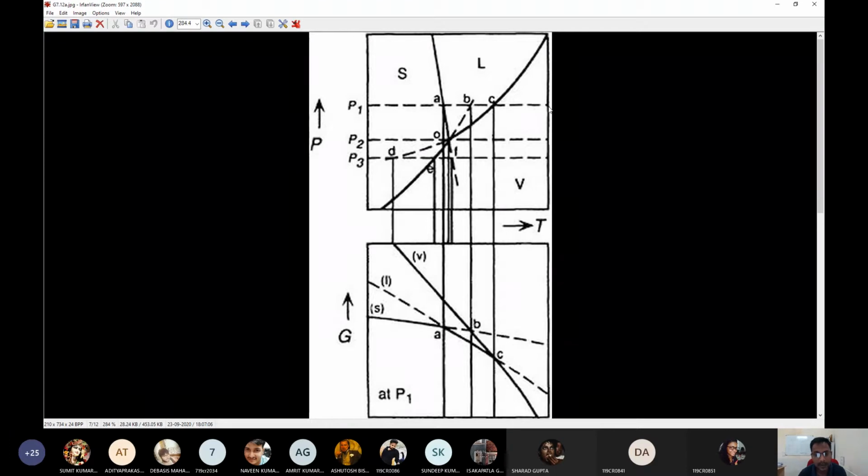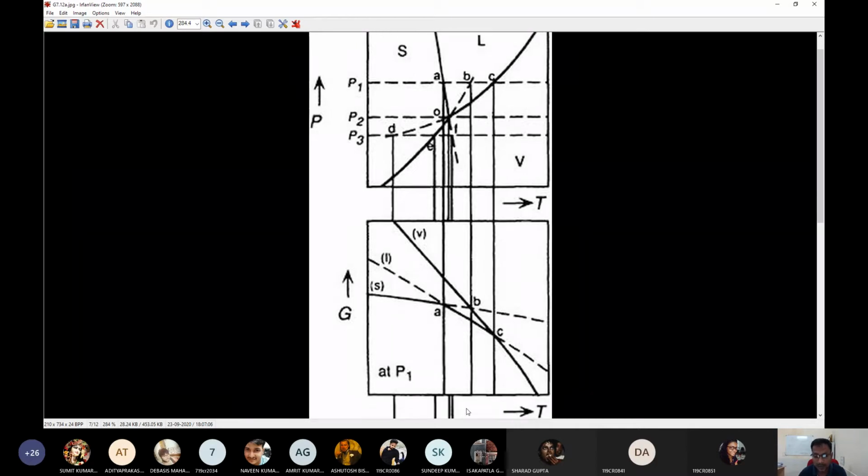And we'd like to see how the molar free energy of each of the phases changes as we change temperature. So we have reduced this whole phase diagram, which is between pressure and temperature, to something which is between temperature and free energy. And if you look at this one, okay, this is where the temperature is changing, and this is where the free energy is changing.